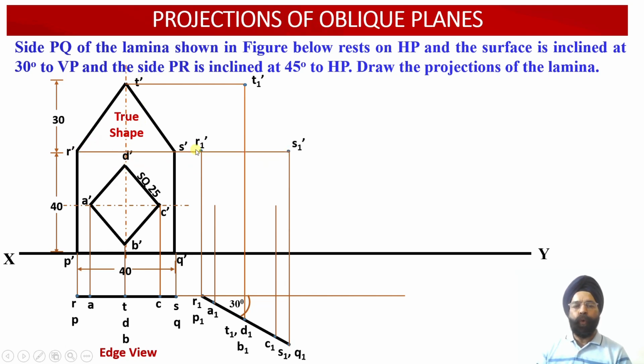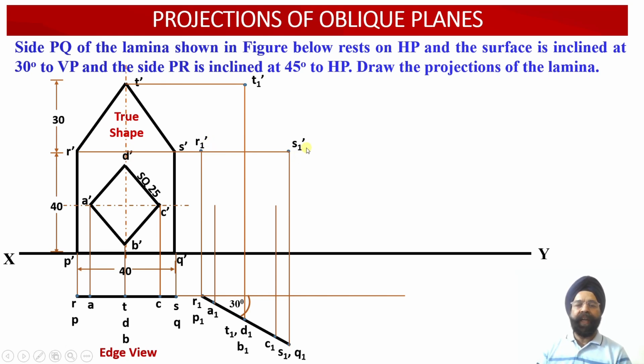Similarly, now the 2 points R1 dash and S1 dash have been located. These points have been obtained by virtue of the intersection of the corresponding plan and elevation projection points over here. So we can see this is the point R1, that is the plan projection point. Now from R1 we have taken the vertical perpendicular projector in the upward direction, and from point R dash, we have drawn a horizontal projector line. So wherever these two projector lines intersected, we have obtained the point R1 dash.